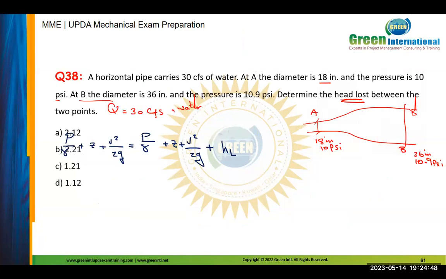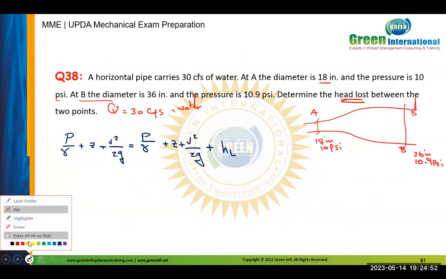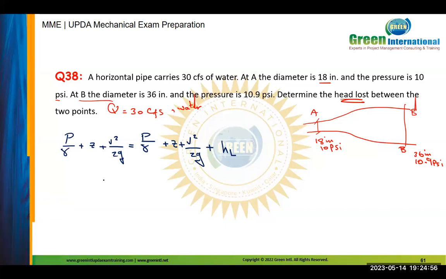So apply. First, the pressure here is 10 psi divided by gamma. Here all units are British, so for water in British units we take gamma as 62.4 and g as 32.2. This is a British unit.